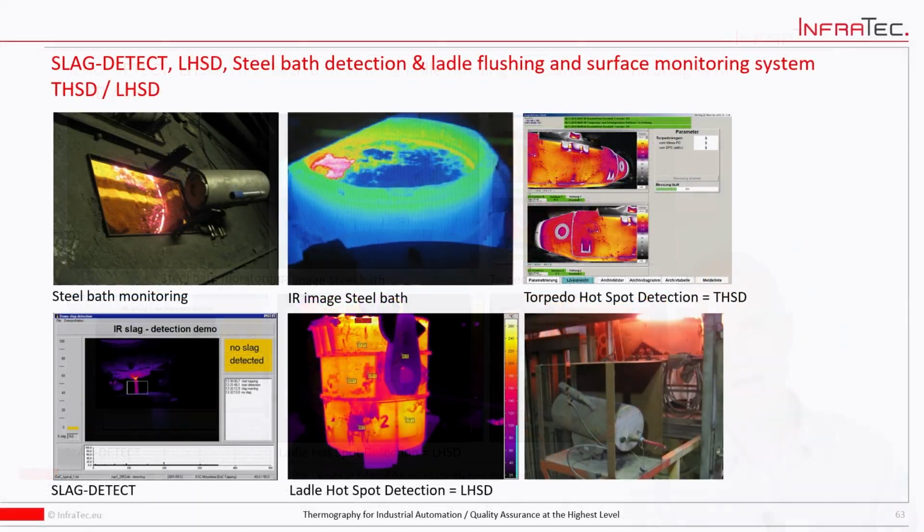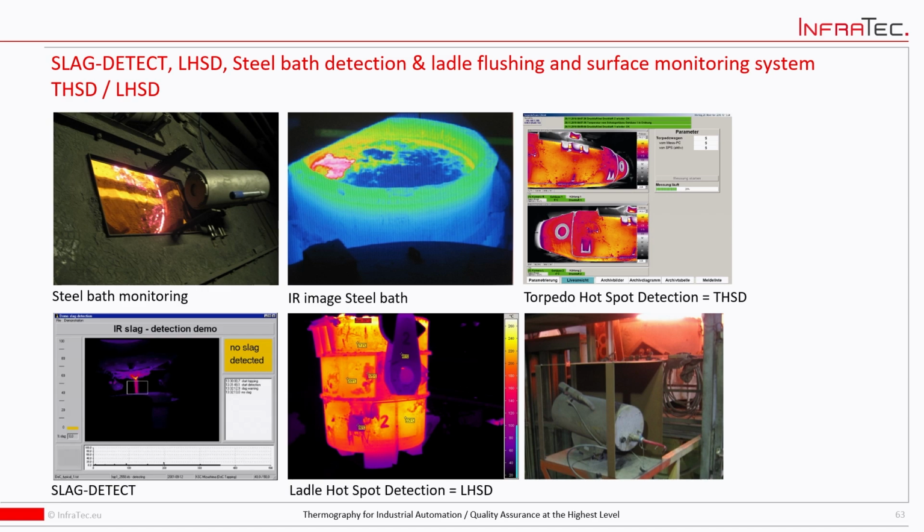And the last application I want to highlight is in the steel industry, for example steel bar monitoring, flushing systems on the steel bars, and torpedo car monitoring. Typically the isolation material is checked there with our cameras.